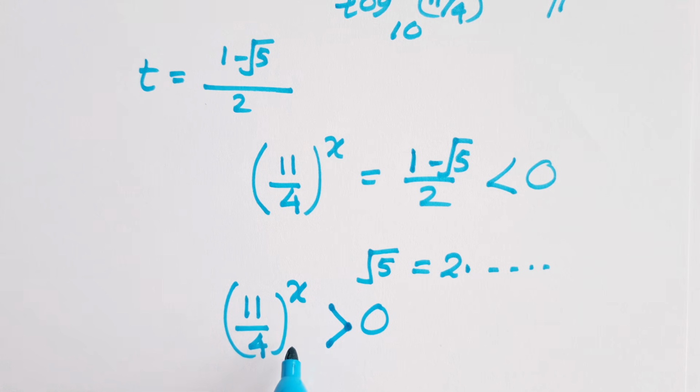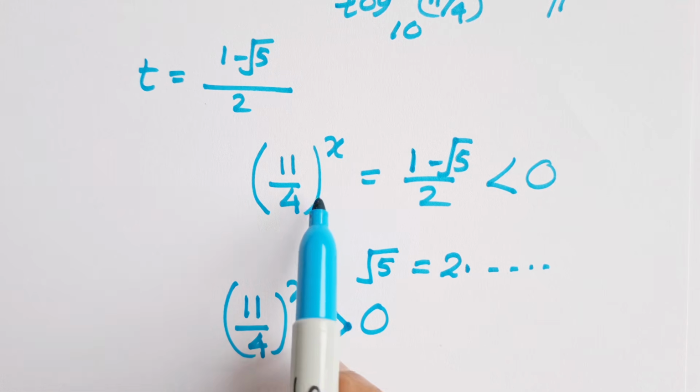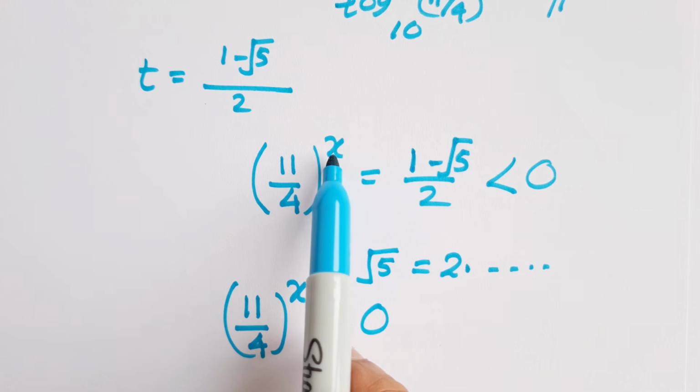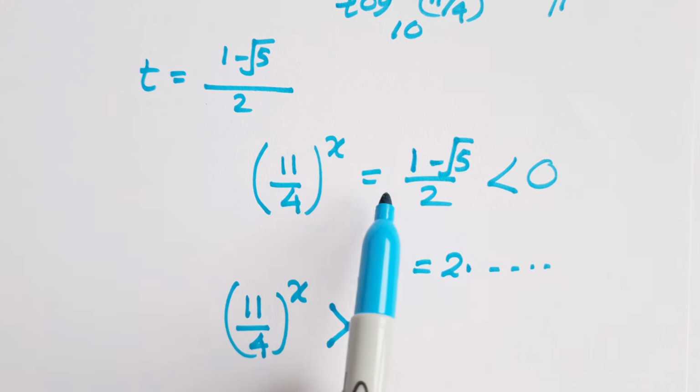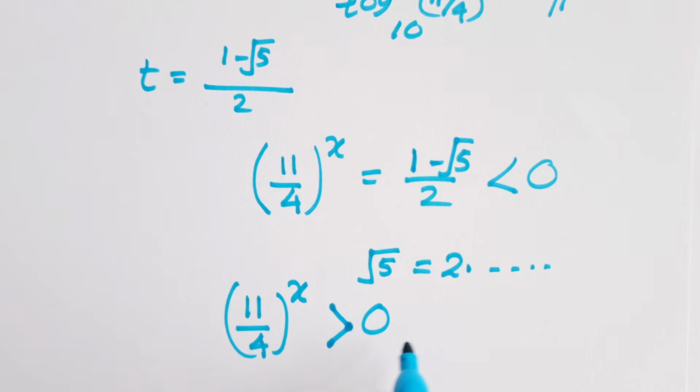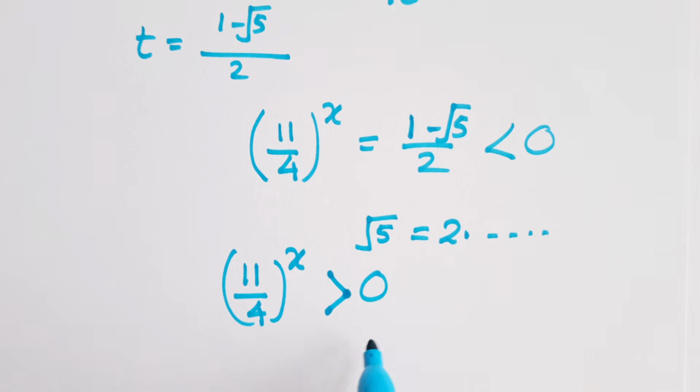According to the exponential rules, there cannot be a negative answer for any value of x. Therefore, in this case, we don't have a real solution for x. So we don't need to find the values for x in this case.